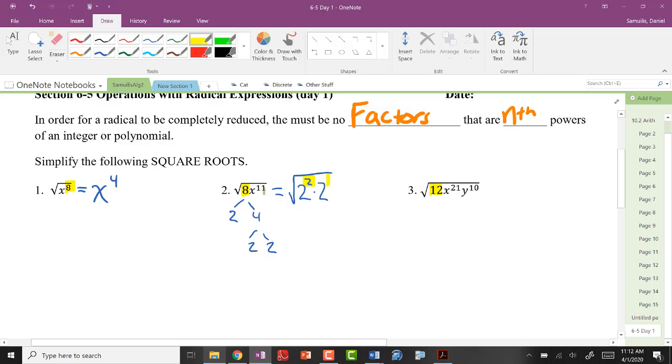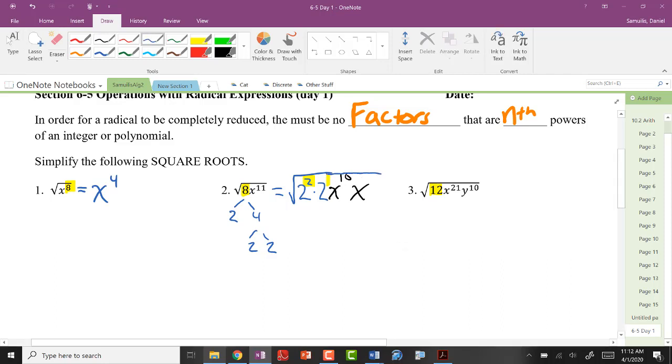We're going to do the same thing with this 11. The x to the 11th can be rewritten as something divisible by 2. The next number smaller than 11 that's divisible by 2 is 10, right? x to the 10th times x. That way we are able to take the square root of x to the 10th.